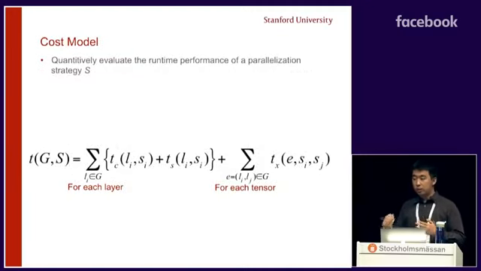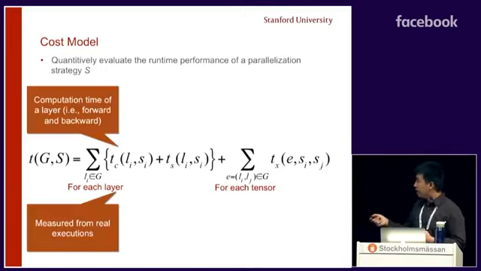With this definition, we build a cost model to quantitatively evaluate the runtime performance of a parallelization strategy S. For each layer, our cost model first considers the computation time of the layer, which includes both forward and back propagation time. These cost functions are measured from real executions.